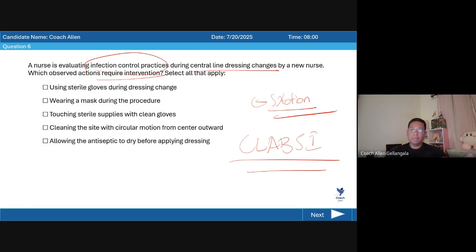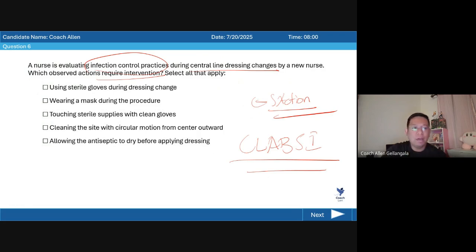So any form of infection that you introduce in that line would settle in the heart, and you don't want that. That's the reason why Club C is a very high priority nosocomial infection.